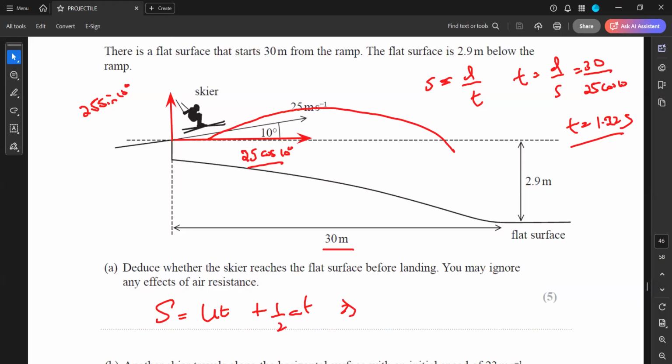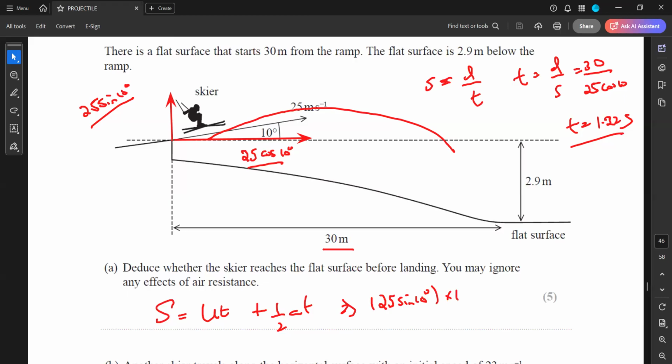The initial vertical velocity is 25 sine 10 degrees; we don't take velocity as negative, only the acceleration.